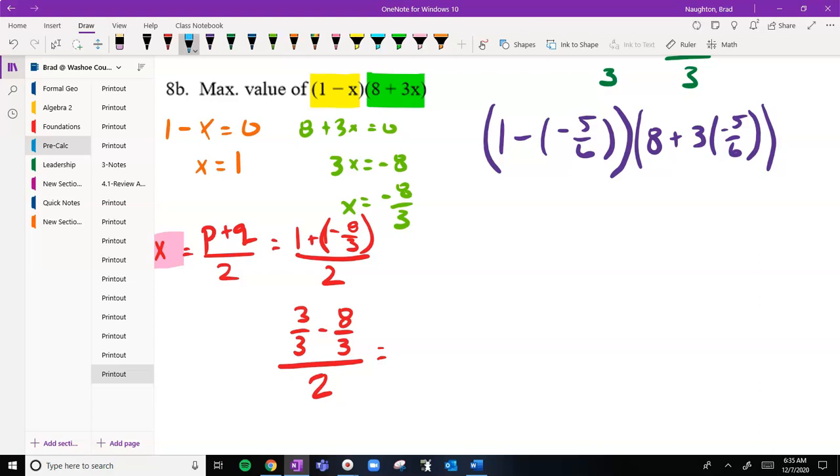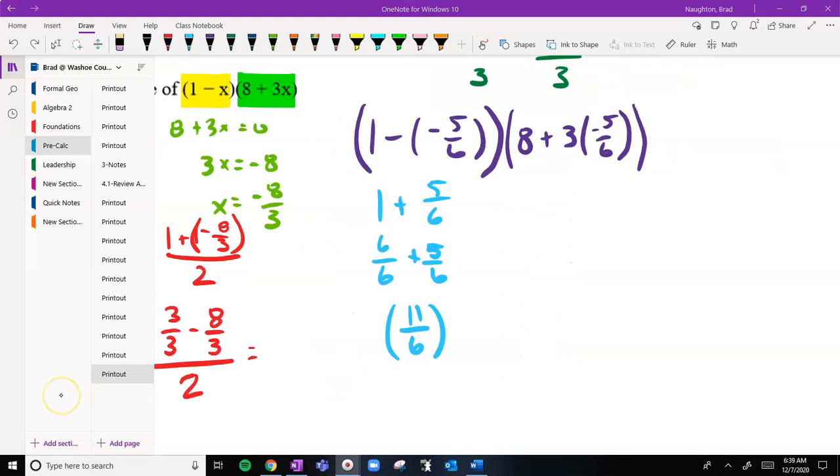So a negative and a negative make a positive, so 1 plus 5 sixths. Then we'll do 6 sixths plus 5 sixths, so that's going to be 11 sixths for our first fraction. For our second fraction, we'll do this part here. So that's 3 over 1 times negative 5 sixths, so that's negative 15 sixths, which is negative 5 halves when I divide both of these by 3.